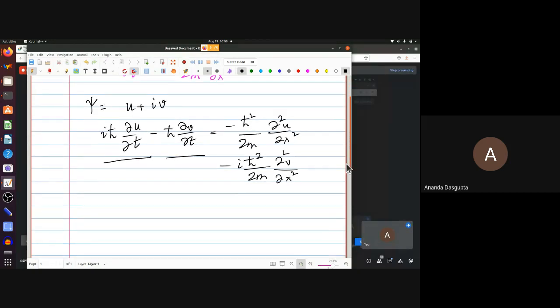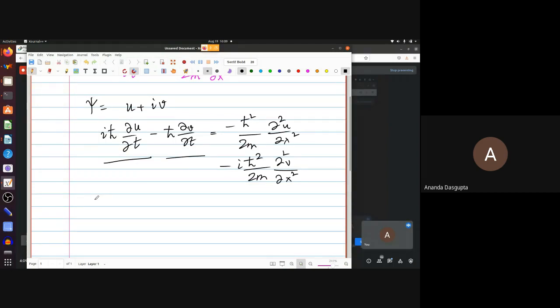So as a result of this, the equation in terms of the real and imaginary parts of the Schrodinger wave function for a free particle simply becomes this. If you just look at the imaginary part first: i h cross del u del t on this side becomes equal to minus h cross square by twice m del 2 v del x2 on the other side.